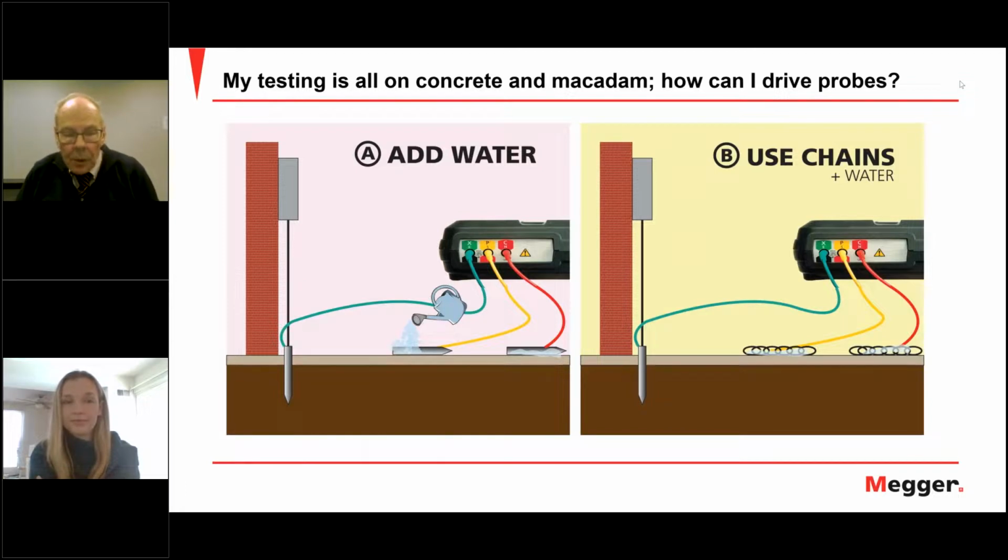So if you're using a metal chain, use a longer chain or add some extra links onto it and try it again until your indicators tell you that you're good to go. And then using that for a probe instead of driving into the soil, it will work just as well on something like a parking lot surface, for instance. And you can go ahead and get a perfectly good, acceptable test.